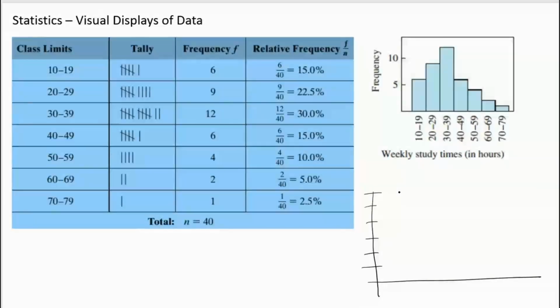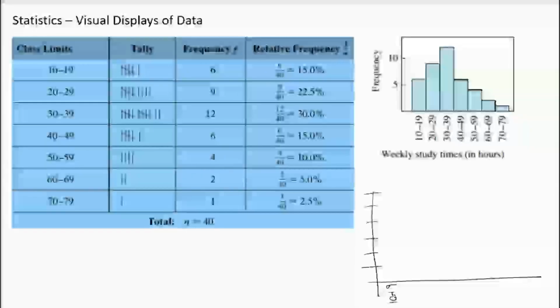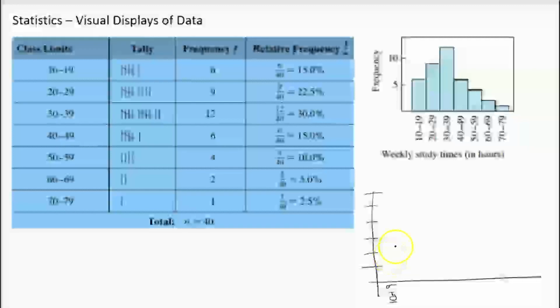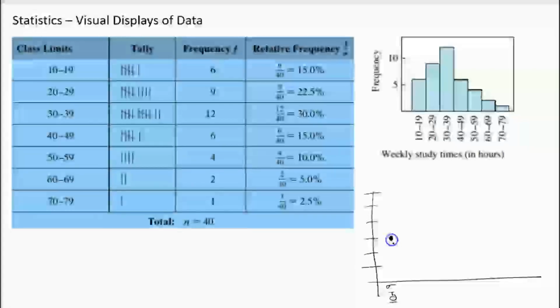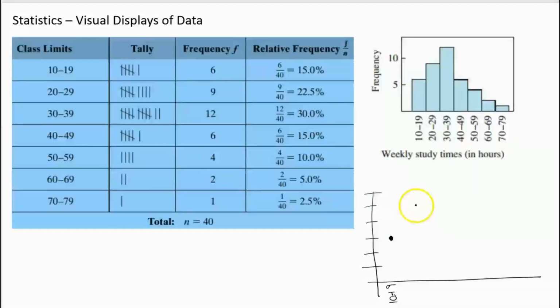So for our first class, 10 to 19, it's 6, so I plot my point at 6. My next class is 9, so I plot my point at 9. Remember, this is 10 and this is 12, so 9 would be about there.